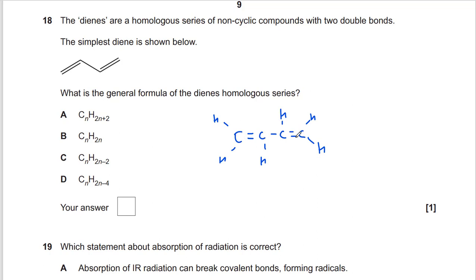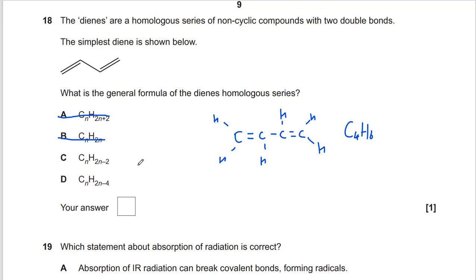And if you look at it, you've got 1, 2, 3, 4 carbons, C4, and 6 hydrogens, H6. So C4H6, therefore it can't be CnH2n+2. That's alkanes for a start. It can't be CnH2n, because that doesn't work for C4H6.